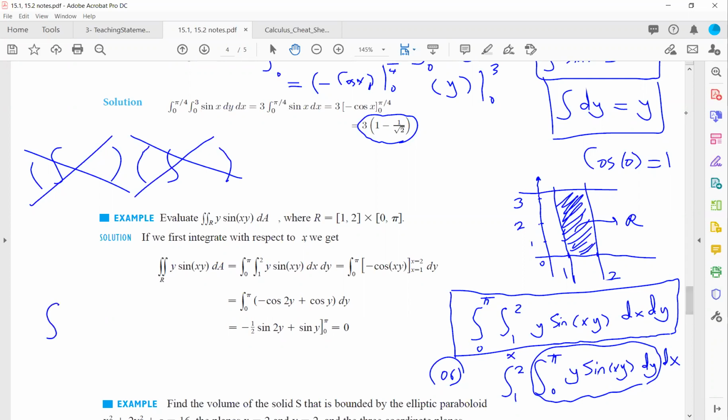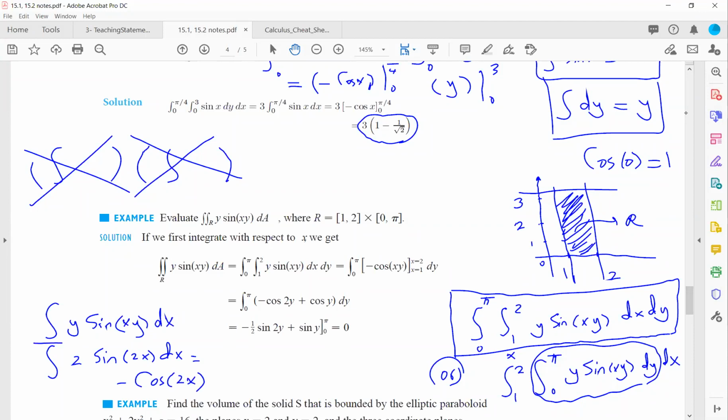The integral of y sine xy with respect to x, it means that your y is just a constant. It's like writing it like this: 2 sine 2x dx, which is minus cosine 2x.